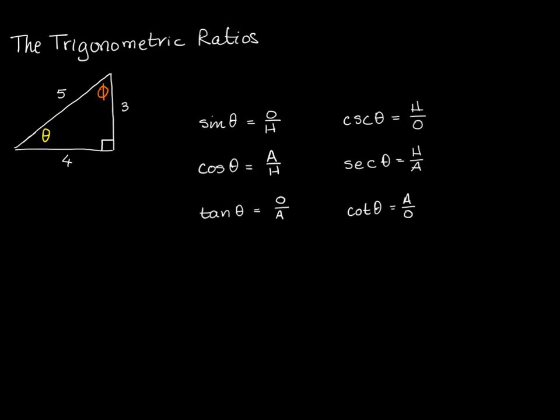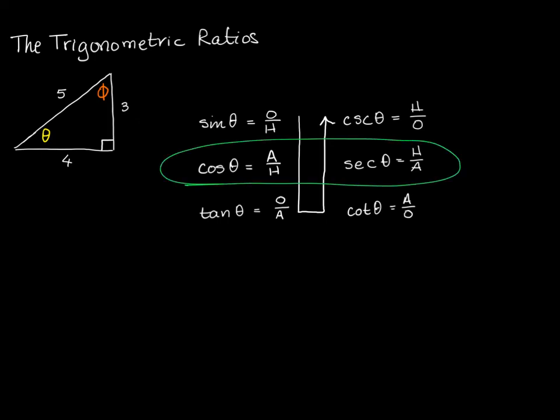So when I write down my list of ratios, I always write them in this order: sine, and then cosine, and then tangent, and then going up from the bottom, cotangent, secant, and then cosecant. And the reason for that is that it helps me to remember cosine, for example, is just 1 over secant.